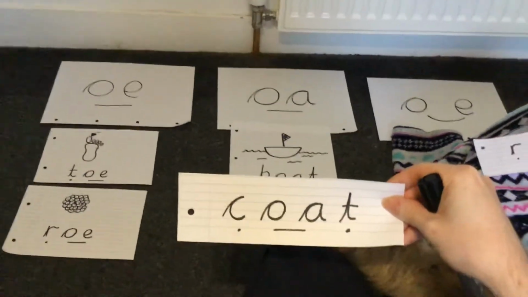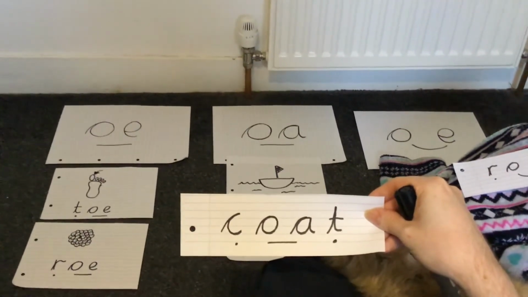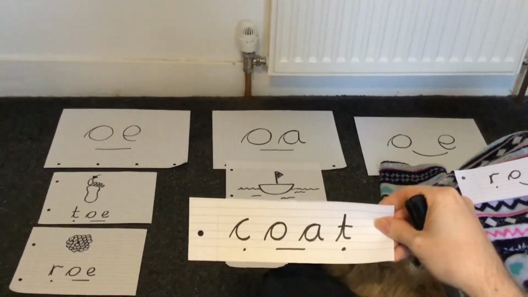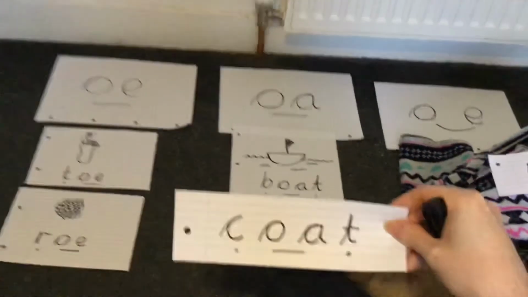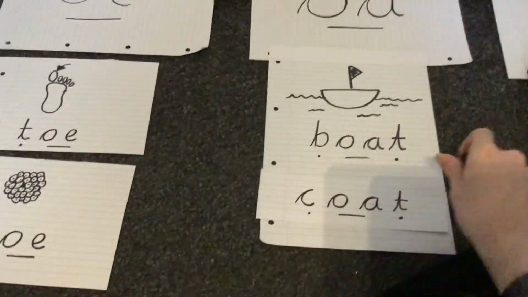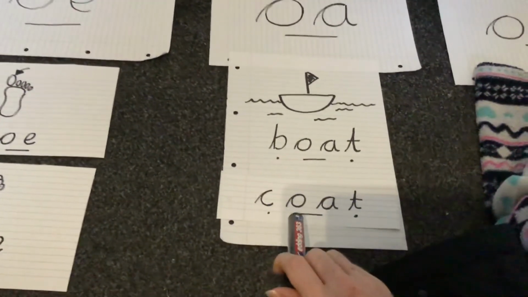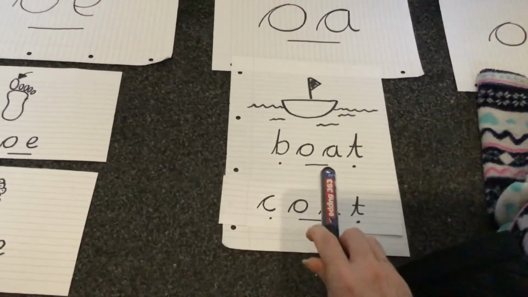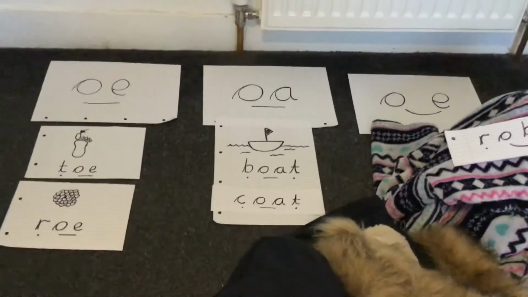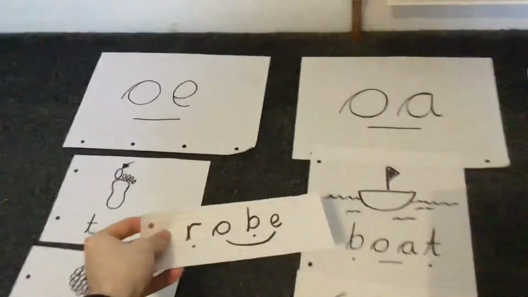Which digraph does coat use? I think it's going to go with boat, because we can see, again, it uses our o, a to make o. Well done. Alright, so we've sorted all of these words, and I'm going to put them together for us so we can see them a bit better.